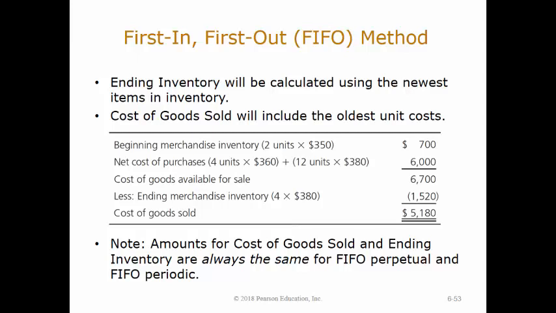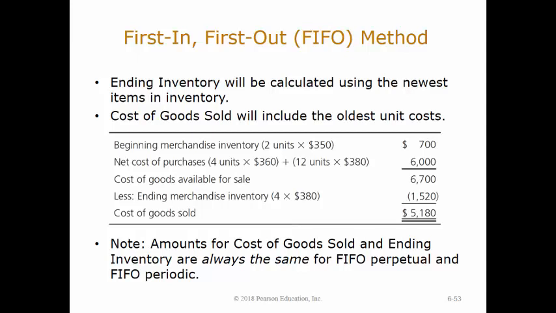We know that we have 4 units left in ending inventory, and those units will represent the 4 most recently purchased units. The 4 most recently purchased units were purchased at a cost of $380 per unit, giving us an ending inventory of $1,520. The cost of goods sold is determined by subtracting the ending inventory of $1,520 from the cost of goods available for sale, $6,700, to arrive at cost of goods sold for the period of $5,180.